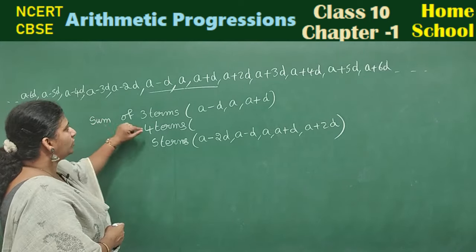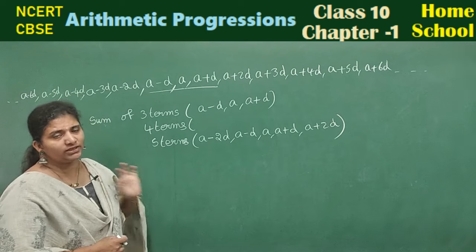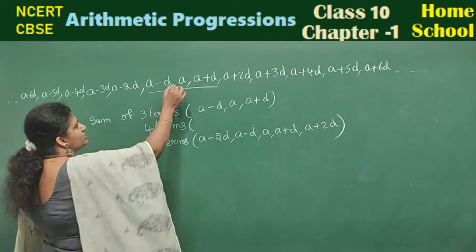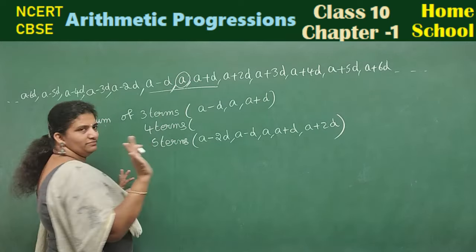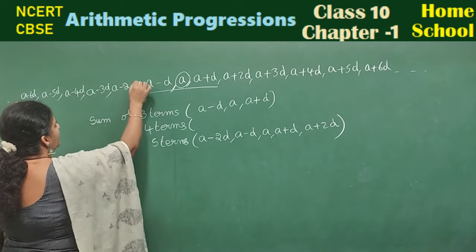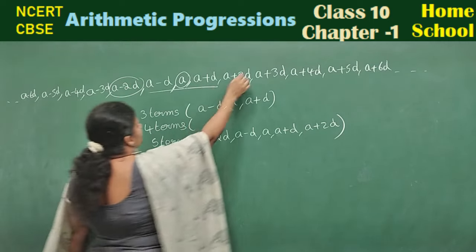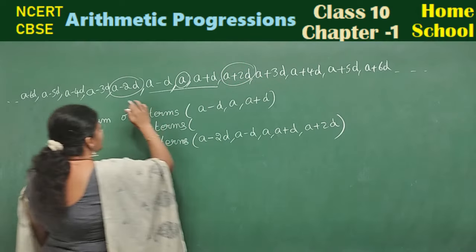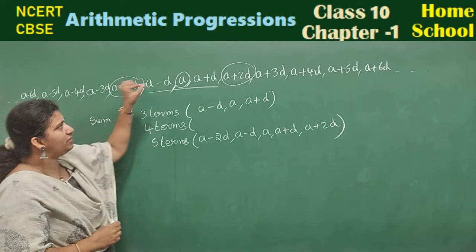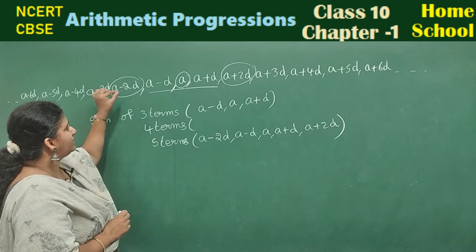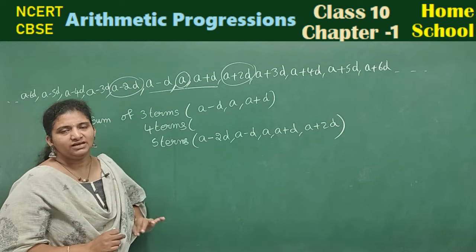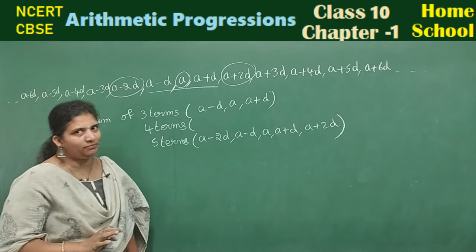Okay. So when 4 terms come, just imagine here, you leave this one, leave this one and again leave this one. I just skip every middle term, so that they will be in arithmetic progression.